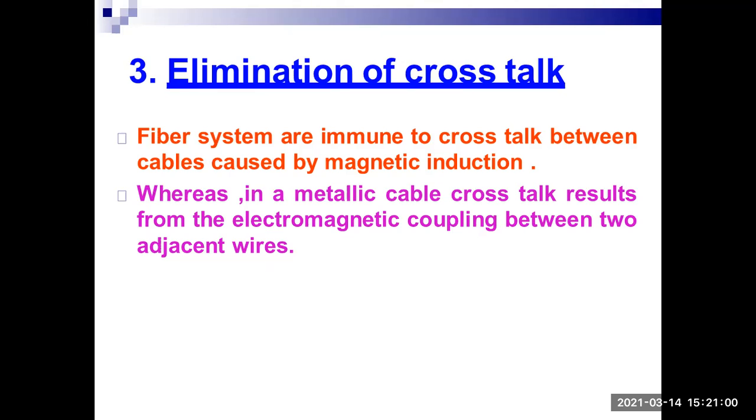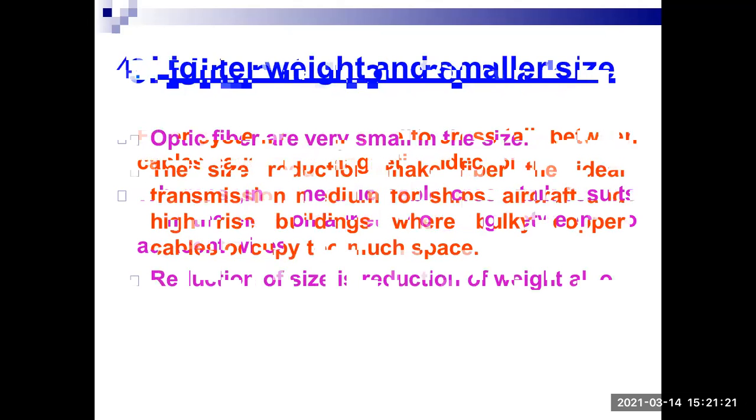That is called crosstalk. This was the routine disturbance caused when we use the copper coaxial cable for the communication network. The elimination of crosstalk is possible if you use the fiber optic cable.